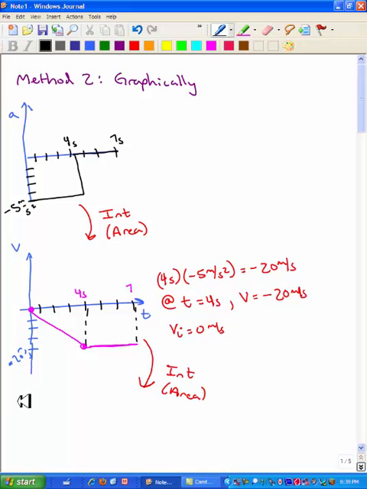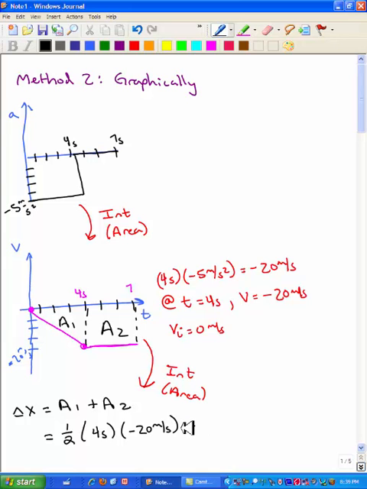So to find position, delta x equals area 1 plus area 2. Right? So area 1 is a triangle, so that's half base, which is 4 seconds, times height, which is negative 20 meters per second, plus area 2, which is 3 seconds, times negative 20 meters per second. Do the math, you get negative 100 meters.